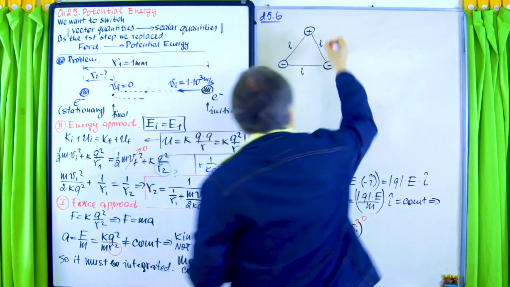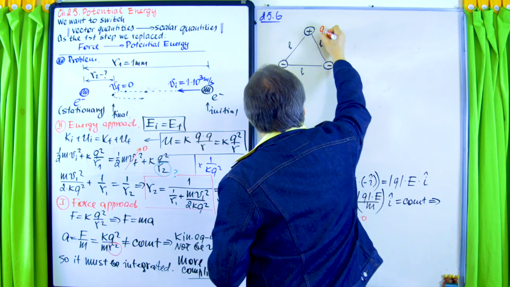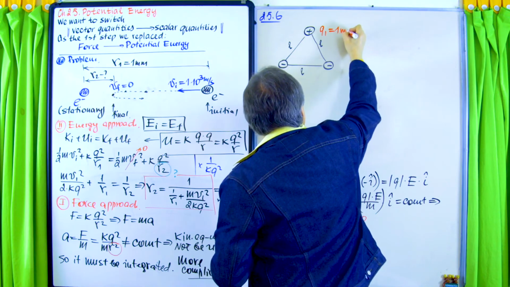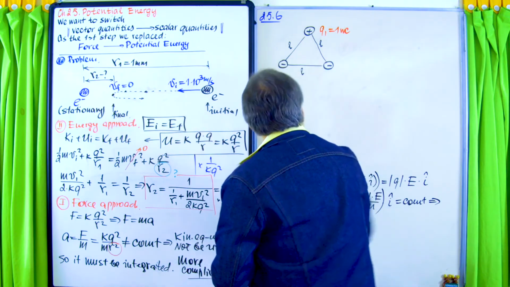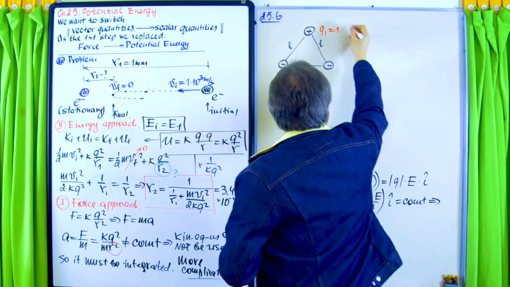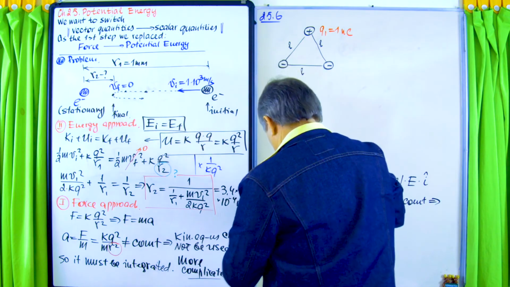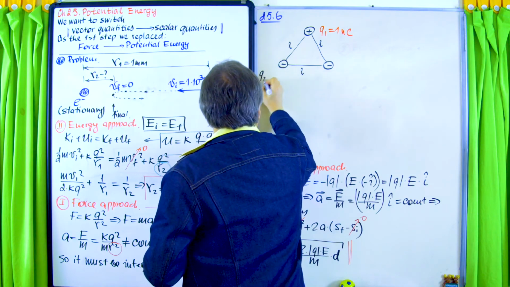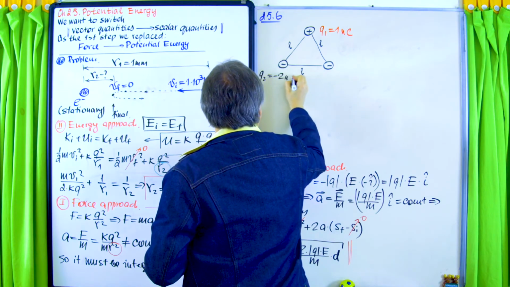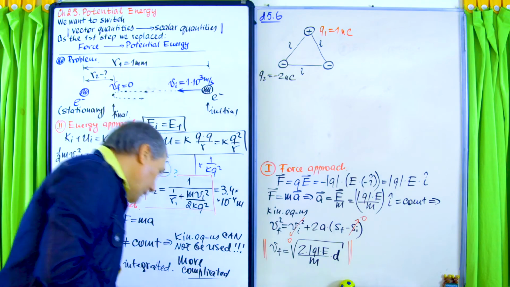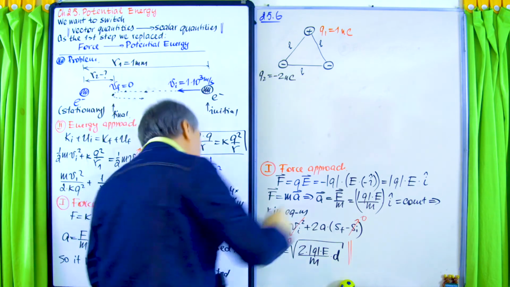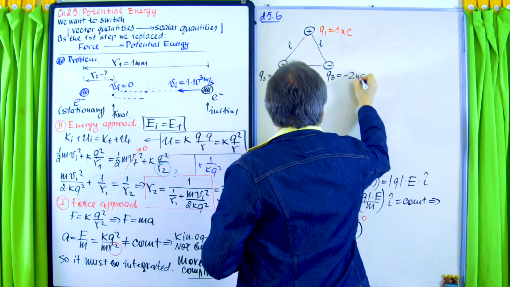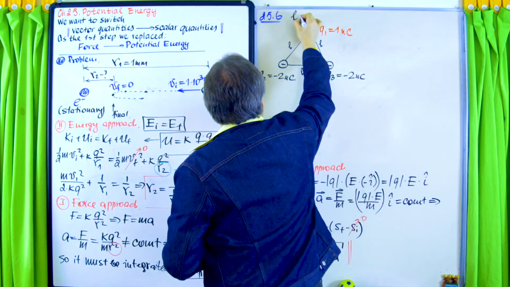So then Q1 is 1 nanocoulomb. Then Q2 is negative 2 nanocoulombs, and Q3 is also negative 2 nanocoulombs, and L is given.